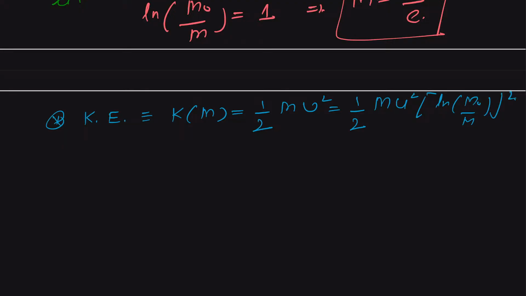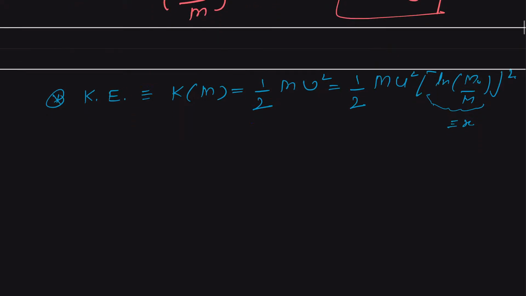For the sake of convenience, let us assume that this term is equal to x, which is helpful in solving the differentiation part. So x is equal to natural log of m naught upon m. Therefore kinetic energy is equal to half u square m x square.